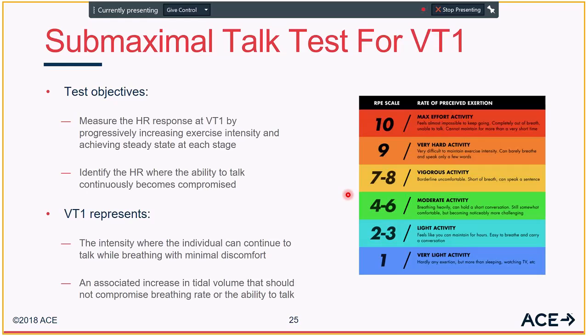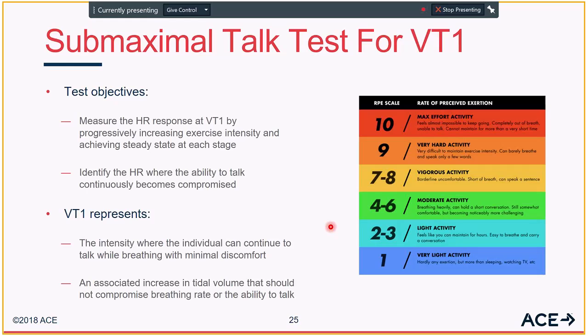And that would be a good submax moderate area. So they'll be in that VT1 area. You're not really getting to VT2 until you're getting to 9 and 10. So if you want your client to do some sort of moderate cardio, I would tell them to go around 5. Maybe they get a little better, they can get to that 7 or 8. If they're super new to exercise, I would keep them around a 4 or 3. But use the talk test.